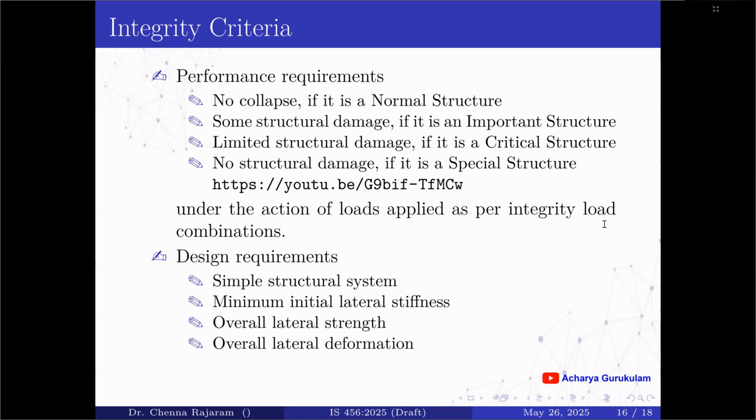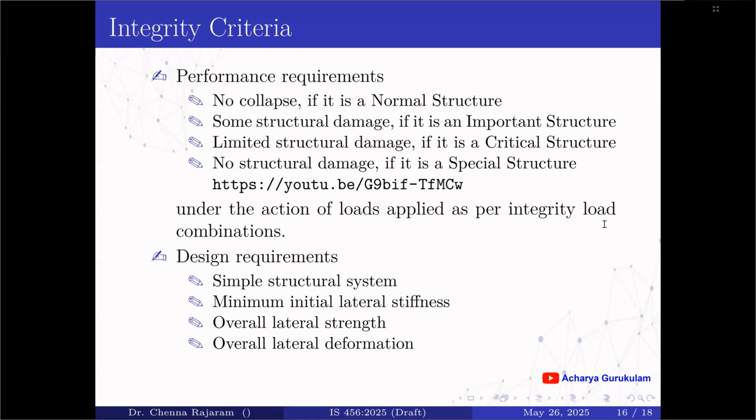The design requirements. The structure shall comply with the following. The structural system shall be simple with sufficient alternate load paths to safely transmit the inertia forces induced during the ground shaking or ground settlement to the ground without the irregularities specified in IS 1893. The vertical members shall be of large cross-sectional area to provide at least a minimum initial lateral stiffness as specified in IS 1893.